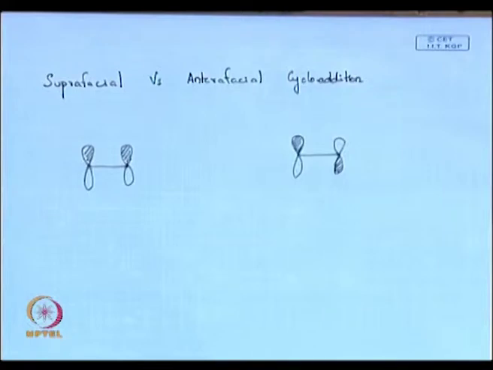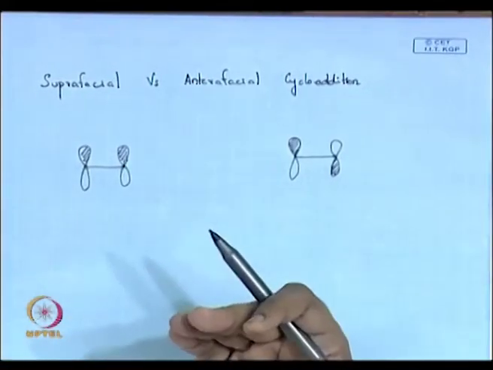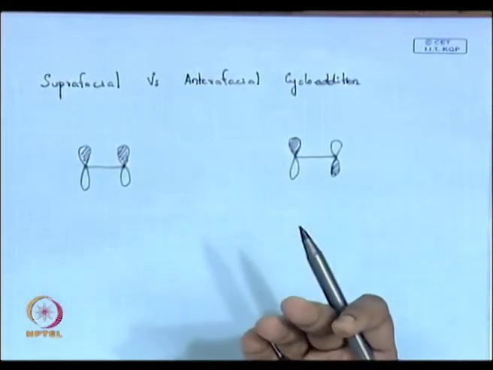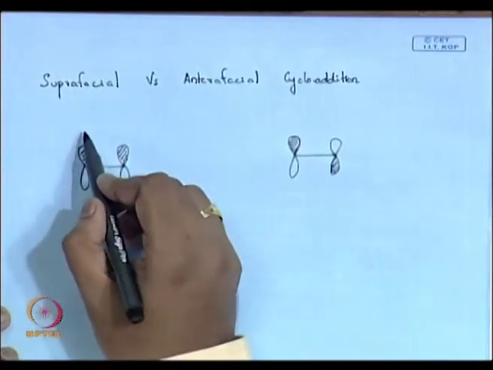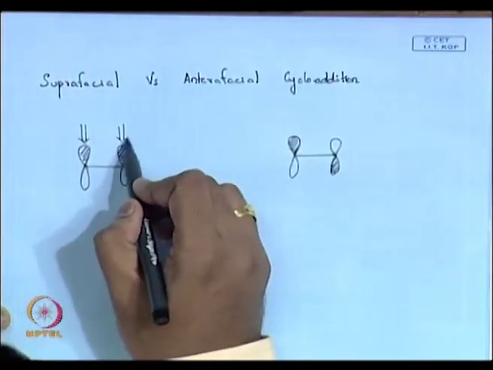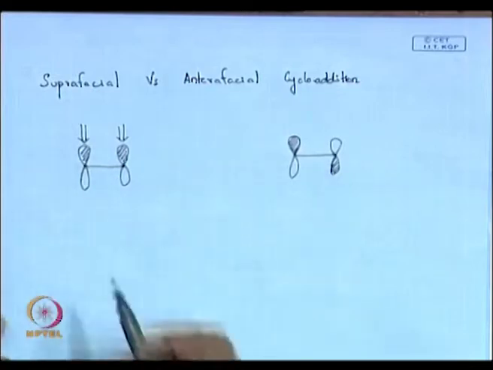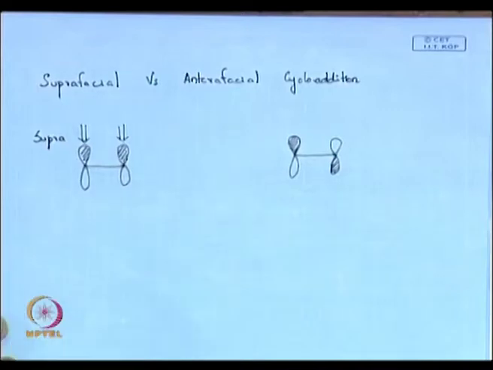Now, during the addition, the HOMO of one reactant and the LUMO of the other reactant, if this addition happens exactly on the symmetric lobes, that is on the same side face, then we call this supra.